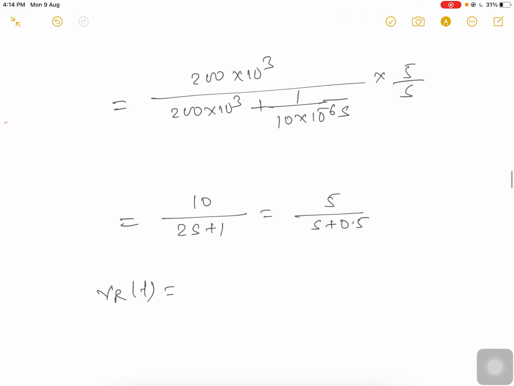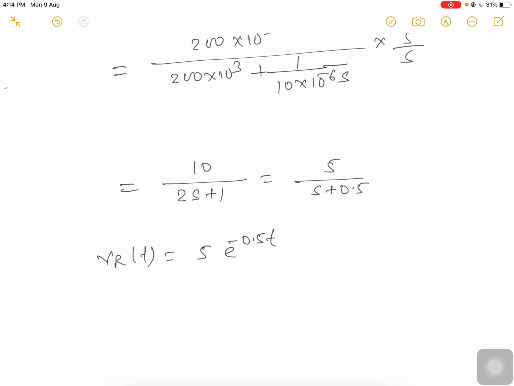Okay, then when you take the inverse, you will get 5 e to minus 0.5 t.